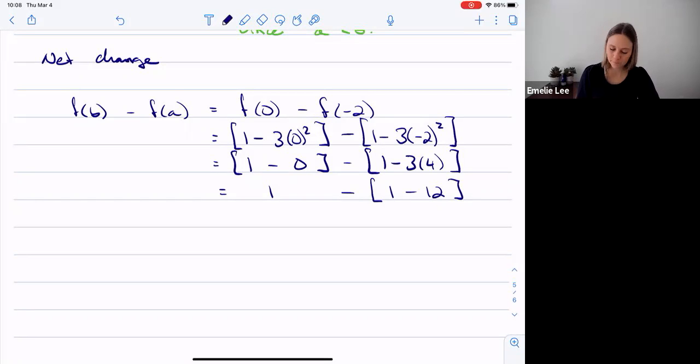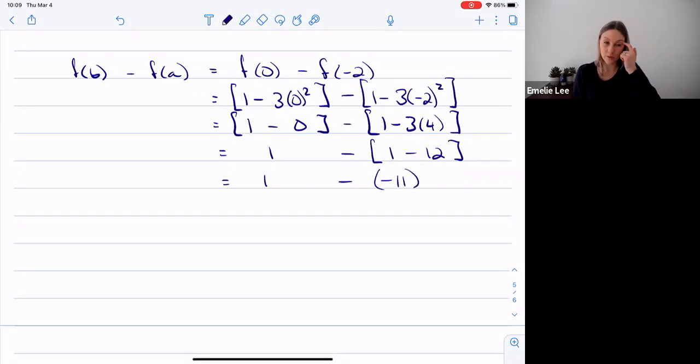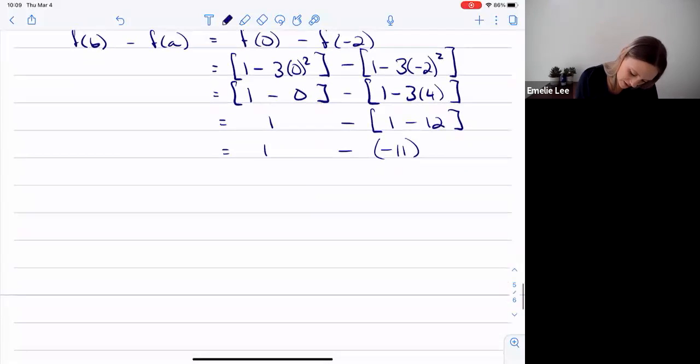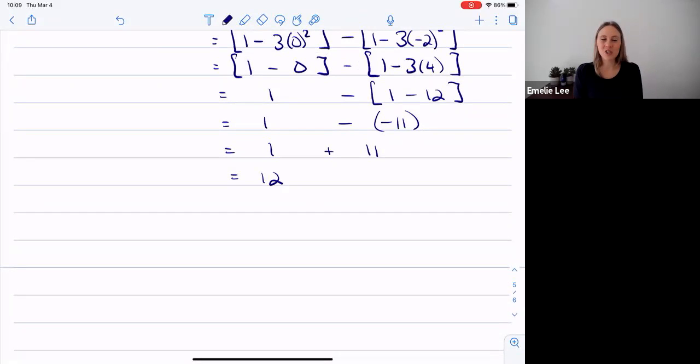Good. Which is 1 minus negative 11. 1 minus 12 is negative 11. So then this becomes 1 plus 11, putting me at 12.